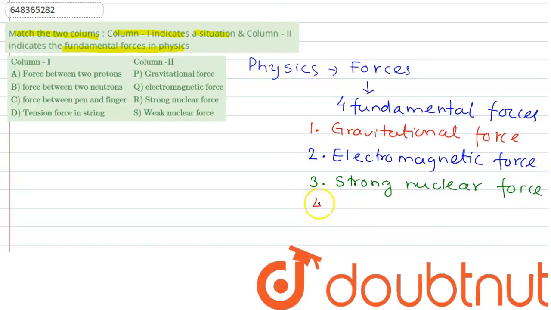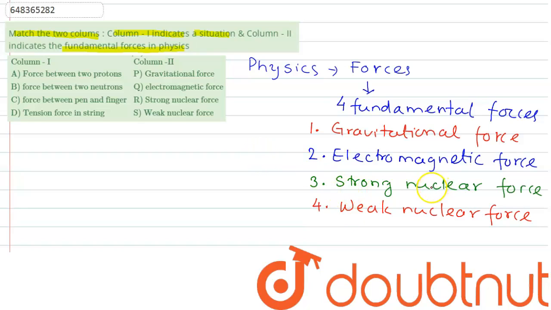Now there is another kind of fundamental force, which is weak nuclear force. This only appears when some particle decays, or it is responsible for the decay process.